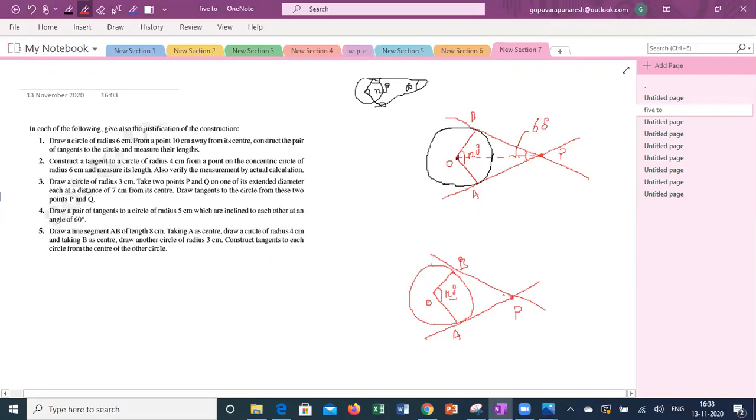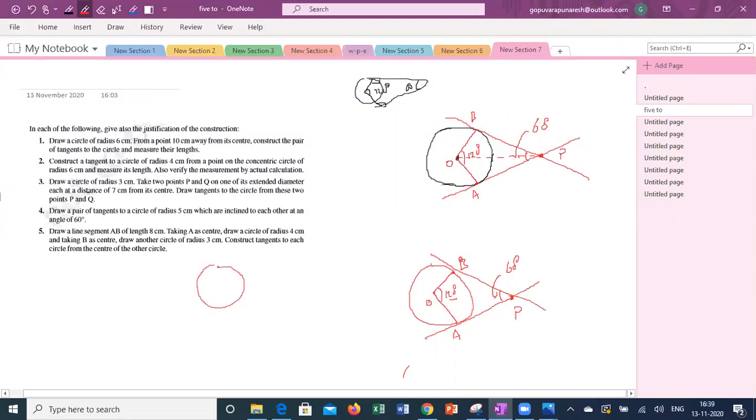If our construction and everything is correct, this angle will automatically become 60, and PB and PA are the tangents. Got it? What I'm saying?